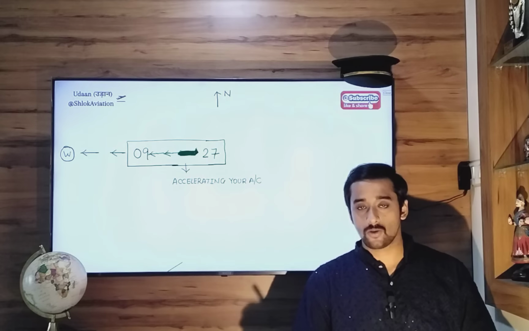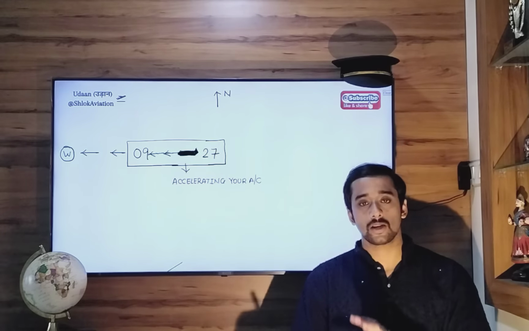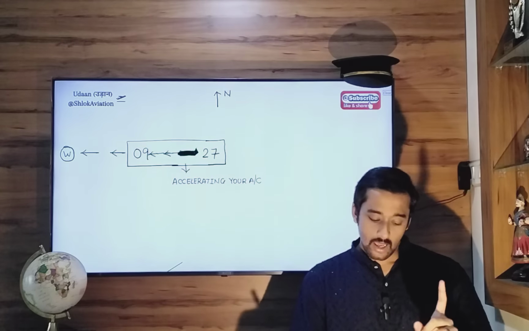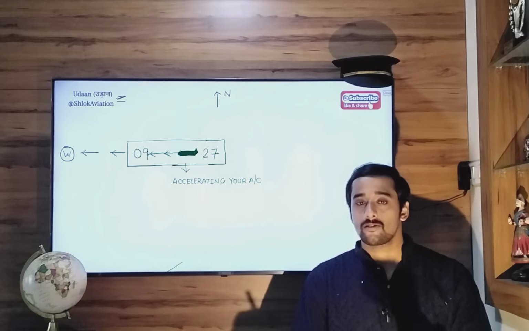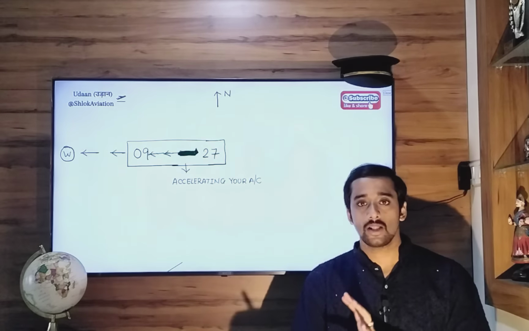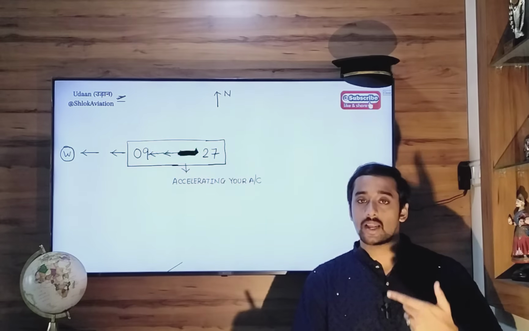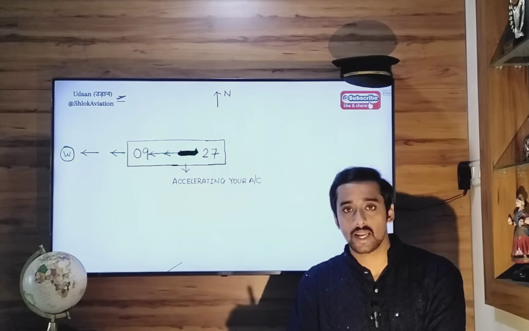Whenever you are ready for takeoff, you release your brakes, apply full thrust, takeoff power, and then you start rolling down the runway. You accelerate your aircraft. When you reach sufficient speed, you are ready for liftoff. So whenever acceleration happens, there will be some error called acceleration deceleration error.